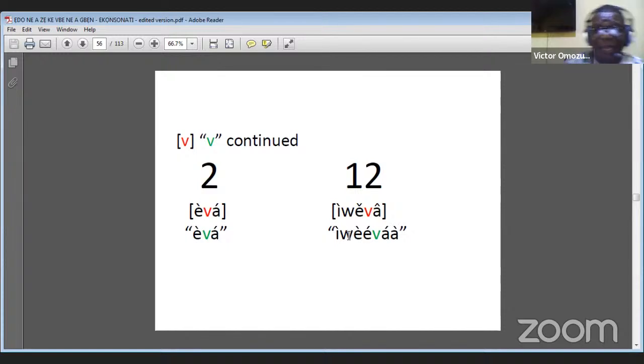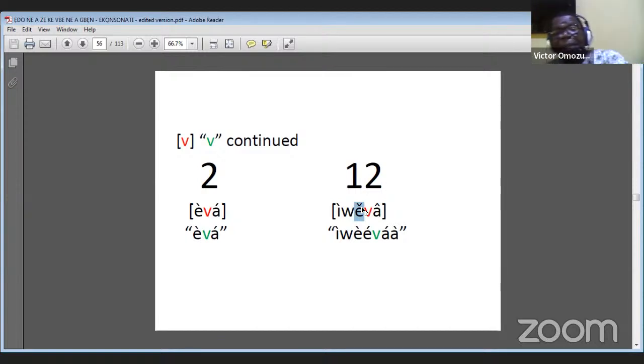You see, when it is written, because there is a rising tone in the second syllable, that's on the vowel of the second syllable, that is why you use double vowels in writing to indicate that there is a rising tone. You can see the tones marked there with the grave accent and then the acute accent.